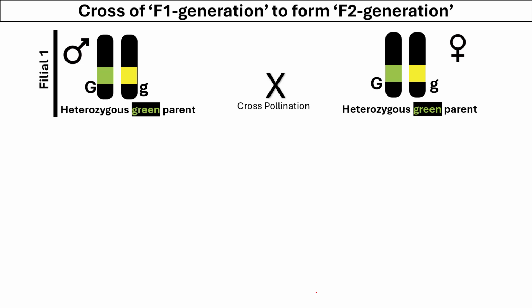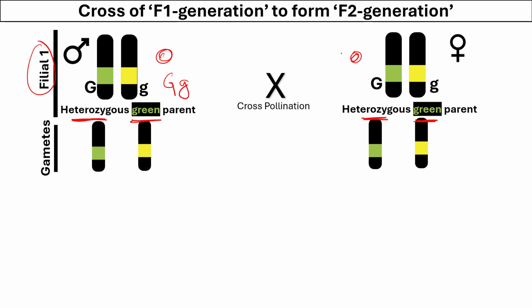Alright, now we had this F1 generation in which you had heterozygous characters, which means all of them had one capital G and one small g. That's what we just saw, right? And all of them were green in color. The phenotype was green. Now we make a cross between these, making this plant fertilize with this plant.